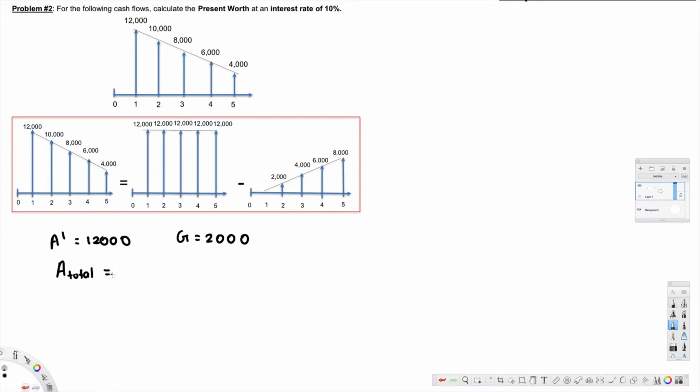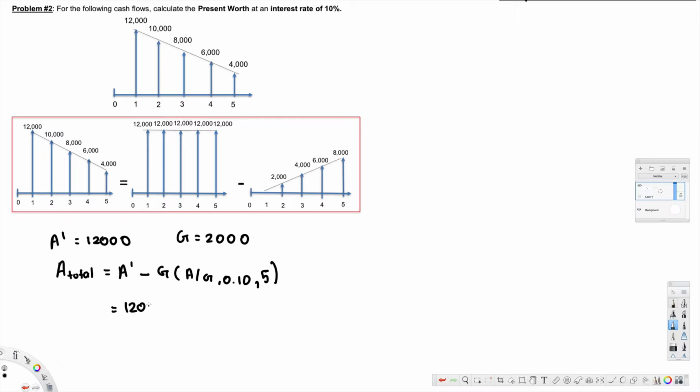A total is equal to A prime minus G times AG, at 0.10, because this is a 10% interest rate, so in decimal that is 0.10, and here we have 5 years, so this is 5. Let's go ahead and plug in the values.